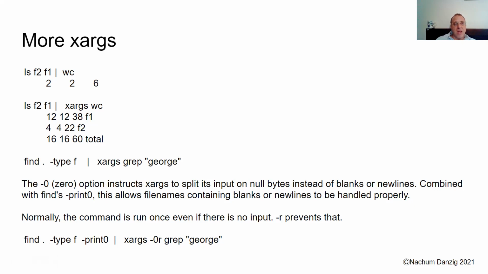So instead of printing my file, it'll print my file null. And then when we do -0 here, it means run this command on each name ending in null, as opposed to each name ending in space. So that will enable this to work.